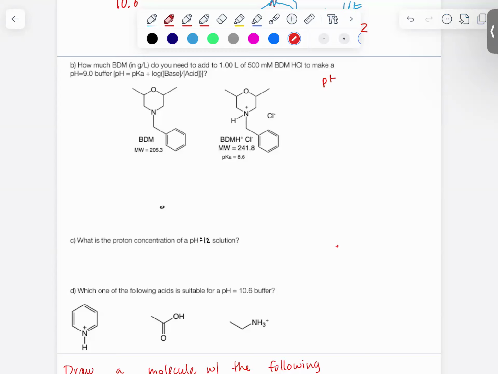Our equation is pH equals pKa plus log of our base over our acid. We know what our pH is because it's here. We know what our pKa is because it's here.